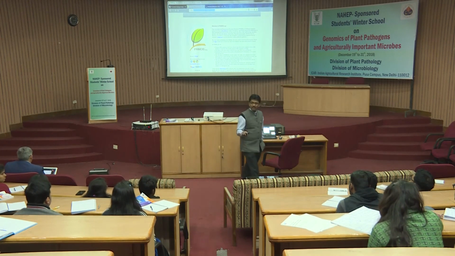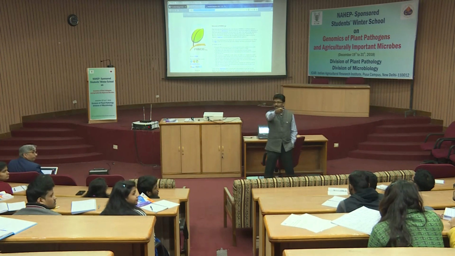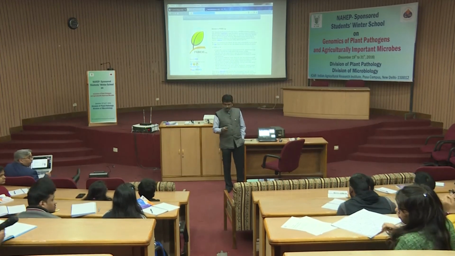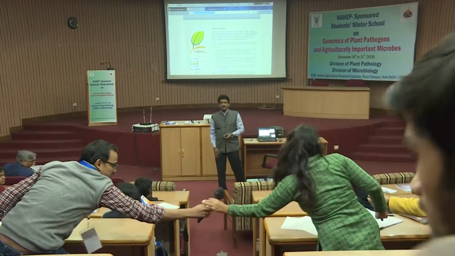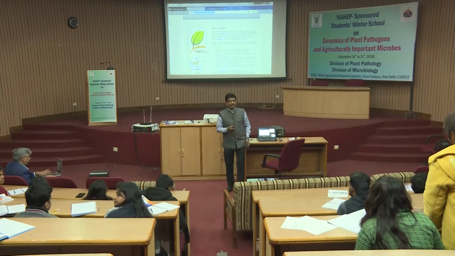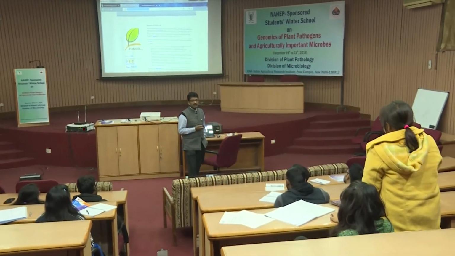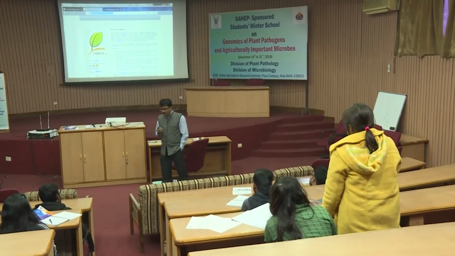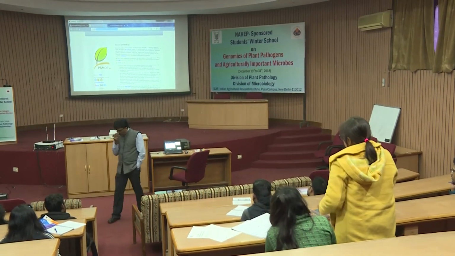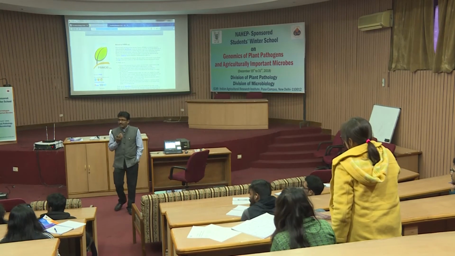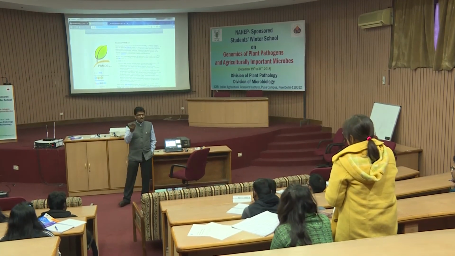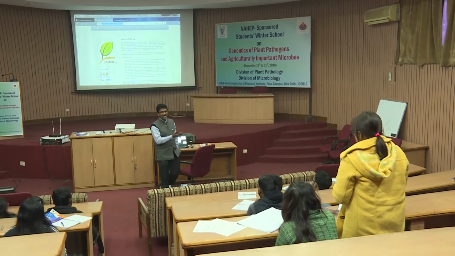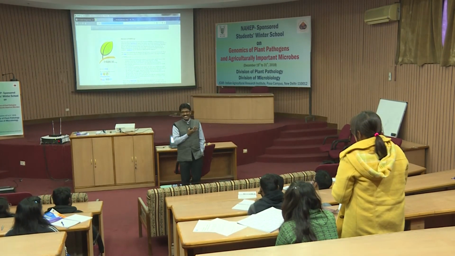Any doubts before we close? Yeah, please take the mic. How do we know MLST in case of multiple alleles? If multiple alleles are present, anybody can answer this question? We are characterizing the multiple alleles only here.